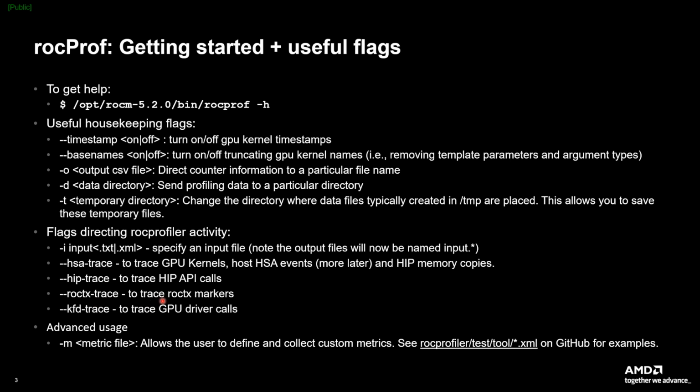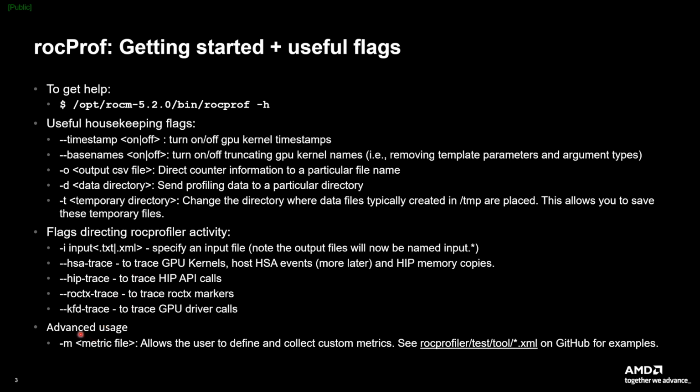And KFD trace, which I don't use, is to trace GPU driver calls. KFD and HSA can be useful when something is weird on one GPU or with a driver, and you want to see what takes more time, etc.